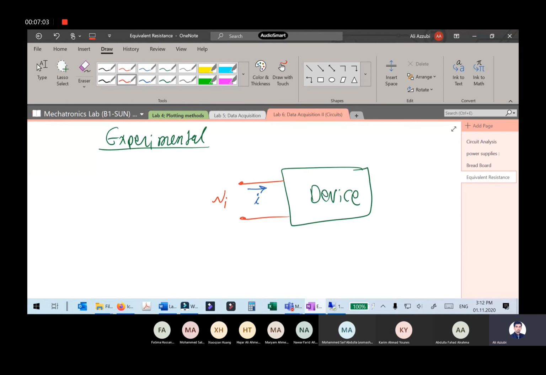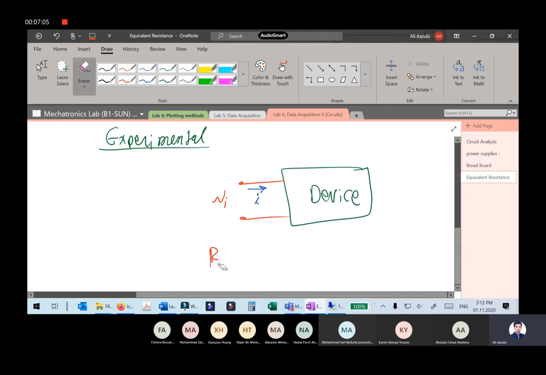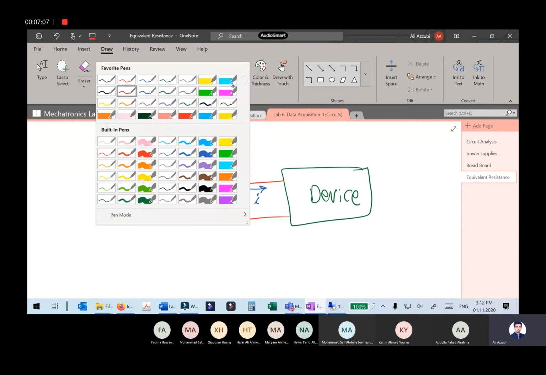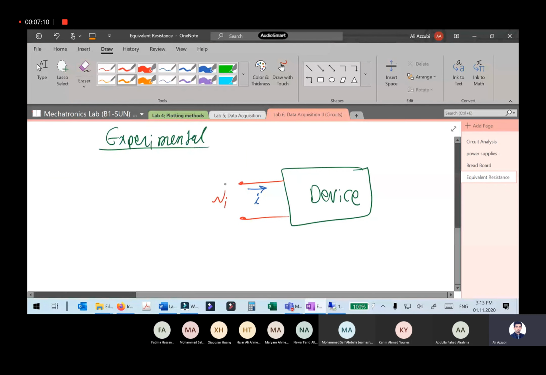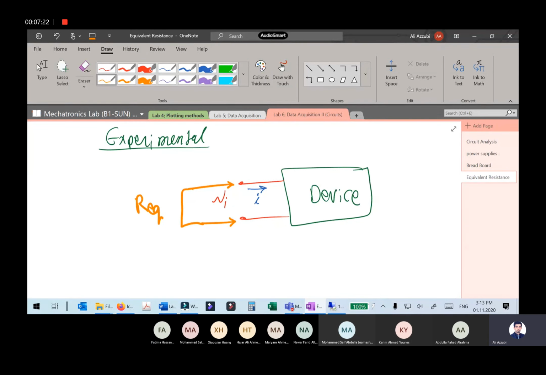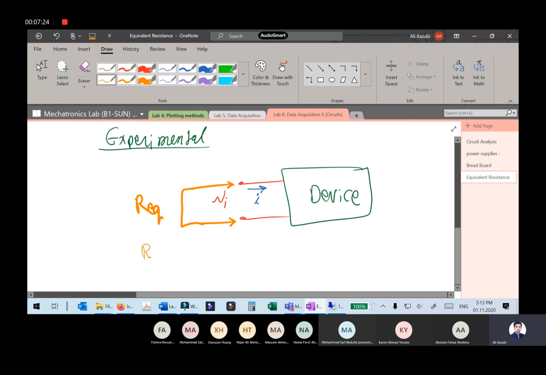So experimentally, let's put another color here. You have some R equivalent. This R equivalent is just the input voltage over the input current.